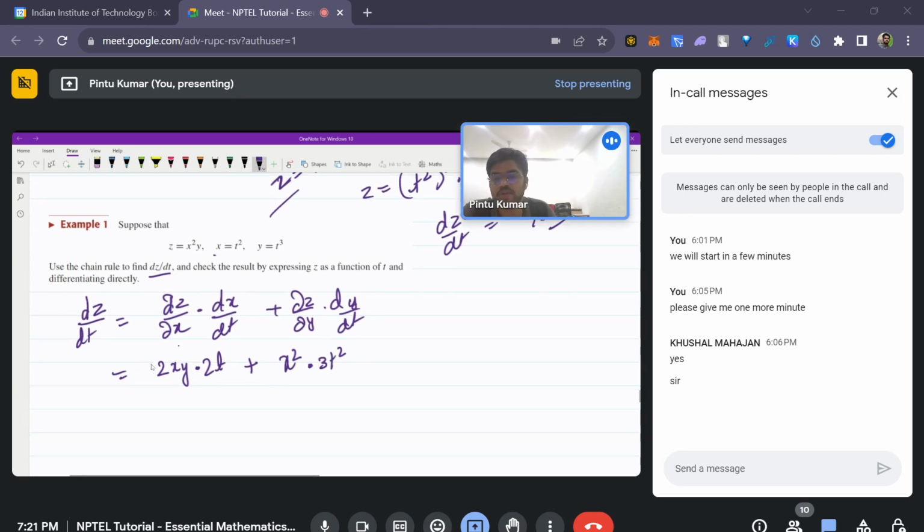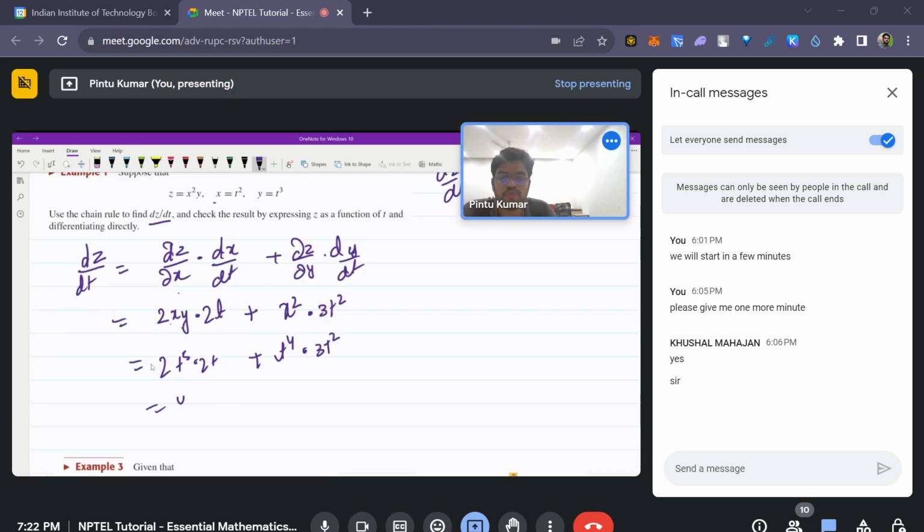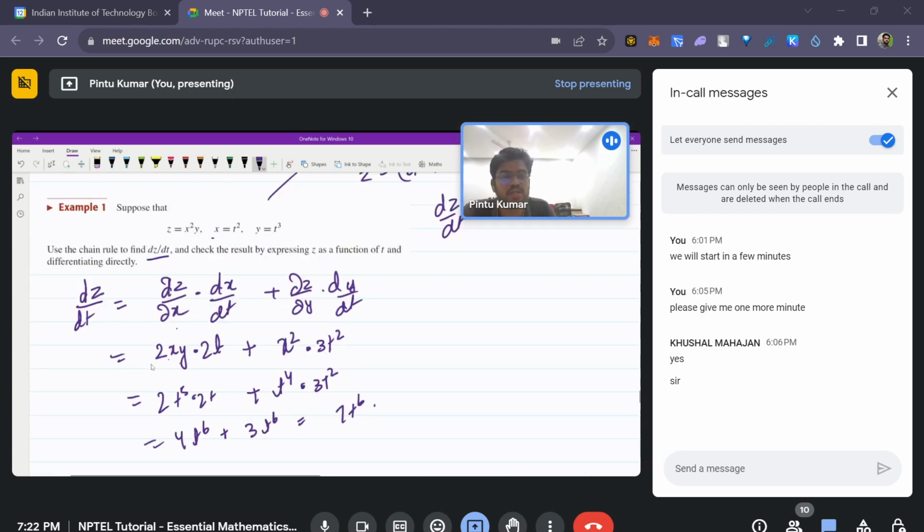Now let's replace the value of x and y. What we will get is 2xy, so this is 2t to the power 5 into 2t, plus x square is t to the power 4, into 3t square. This is 4t to the power 6 plus 3t to the power 6, that is 7t to the power 6. We get the same answer.